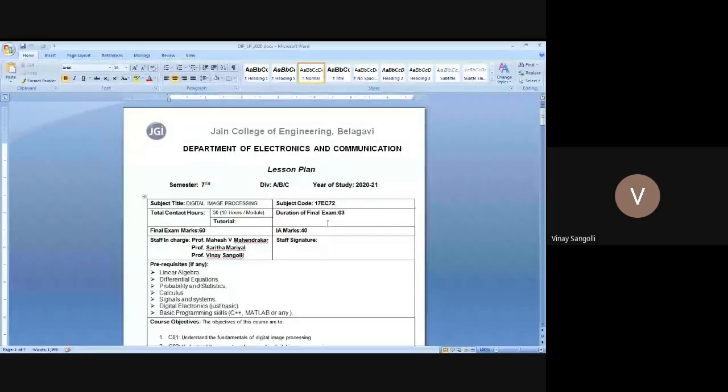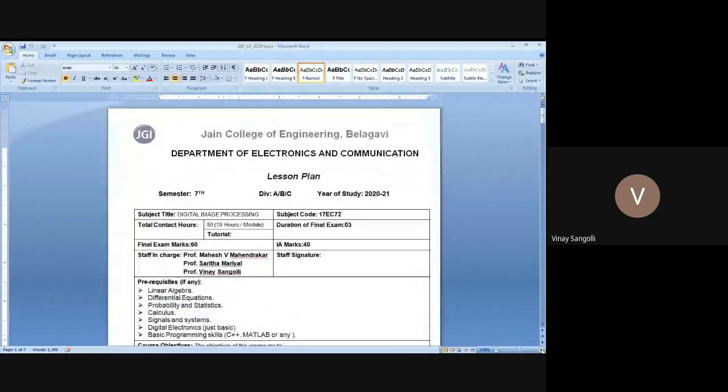So first we'll have a glance at the subject lesson plan, so that we'll come to know what all the things we need are. Yeah, this is how your lesson plan will look.